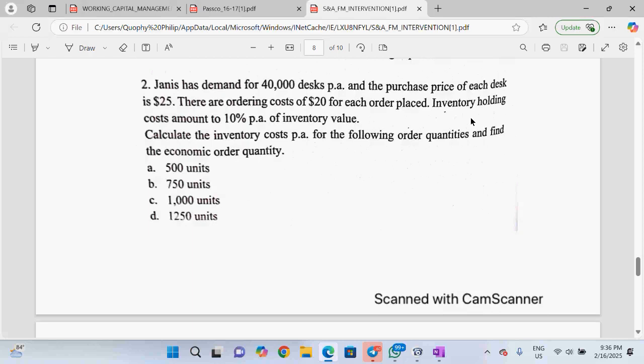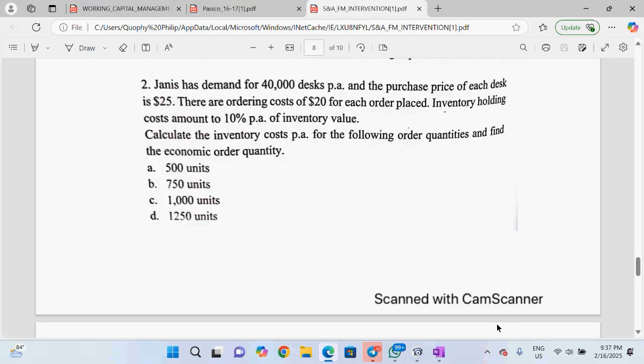Janice has demand for 40,000 desks, and the purchase price of each desk is $25. There is an ordering cost of $20 for each order placed. Inventory holding costs amount to 10% per annum of inventory value.